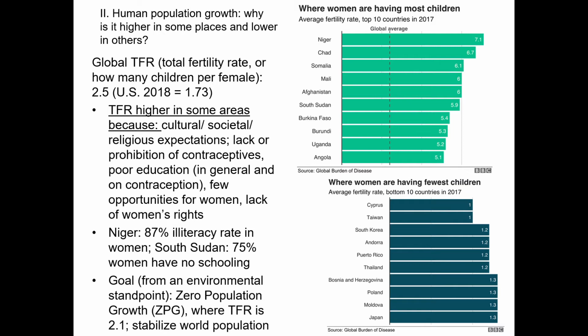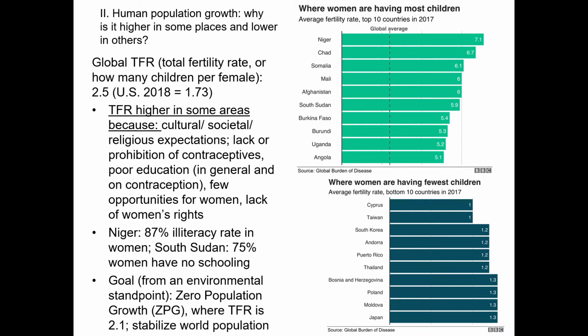Now, in other areas where you have a much higher total fertility rate, and you can see this on the graph on the right, 7.1 TFR in Niger, 6.7 in Chad, Somalia 6.1, down to Angola.